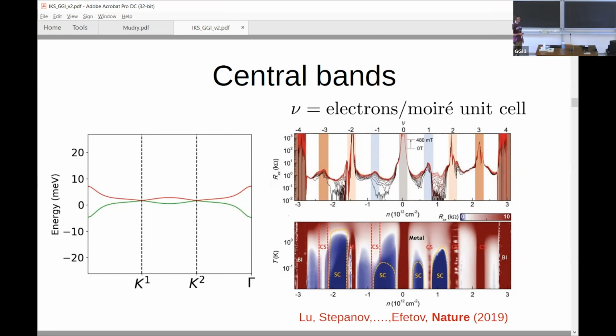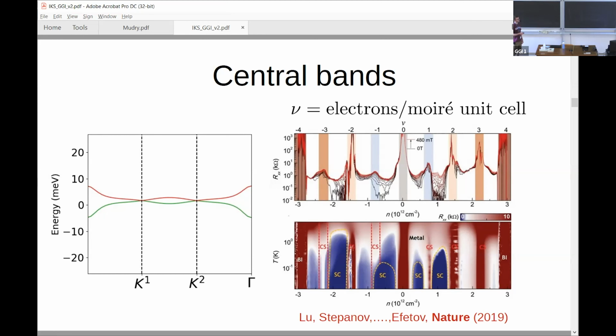Okay, and so the physics we're interested in is all happening within these central bands. That's my claim. And what we're going to study is what happens as you change the density of electrons in the system, gradually filling up these 2 bands. So if you start with the chemical potential down here, and then via gating, increase the electron density until your chemical potential ends up here, you're sweeping from the left in this diagram to the right.